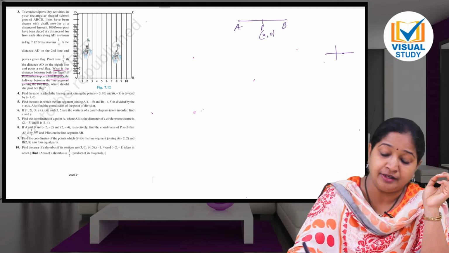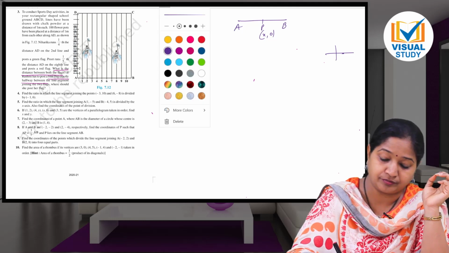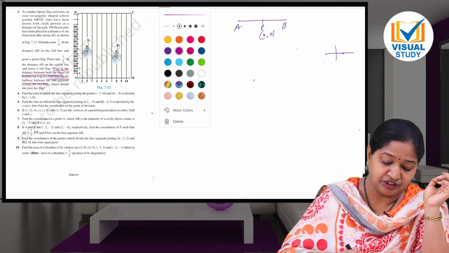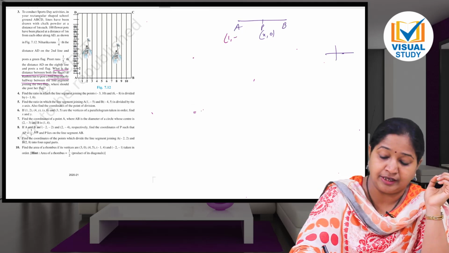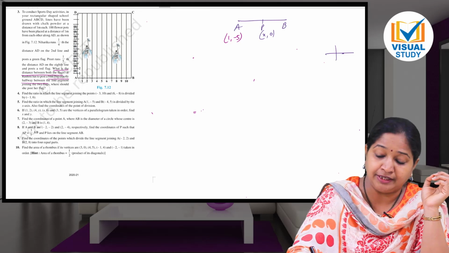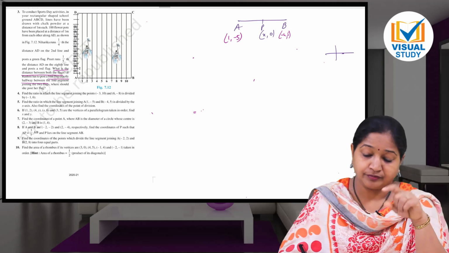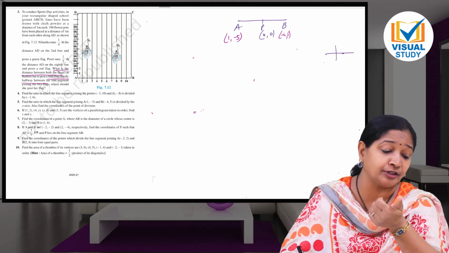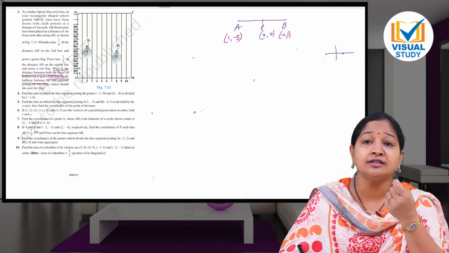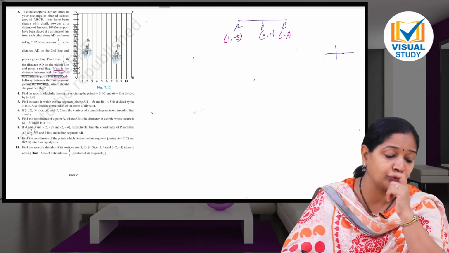So AB, and they have given the A point, that is 1 and -5 and B is -4 and 5, and P coordinate काय आहे, x and 0 because it divides the x axis, so it is x and 0.